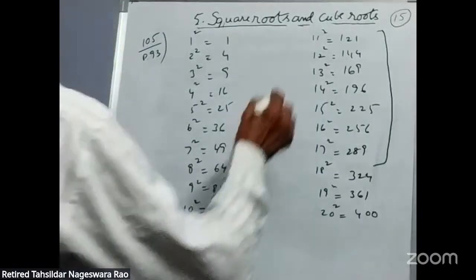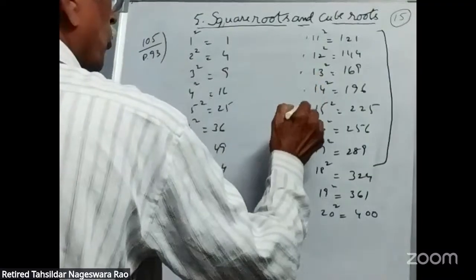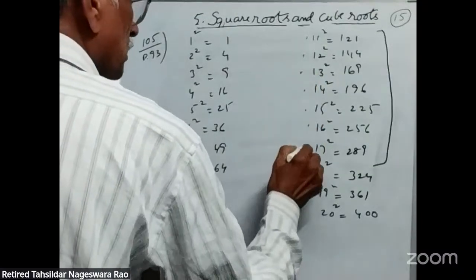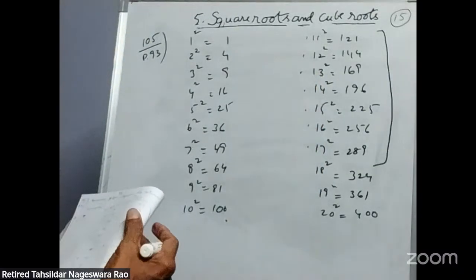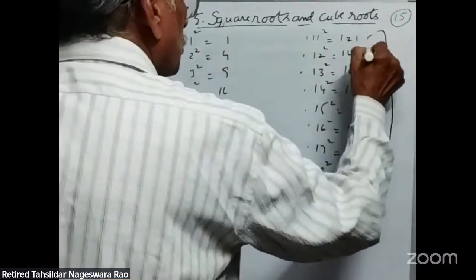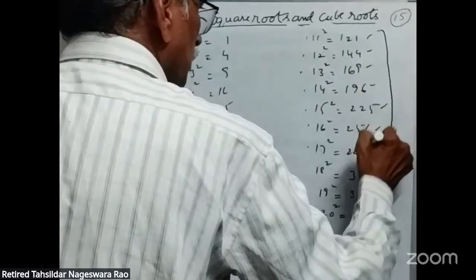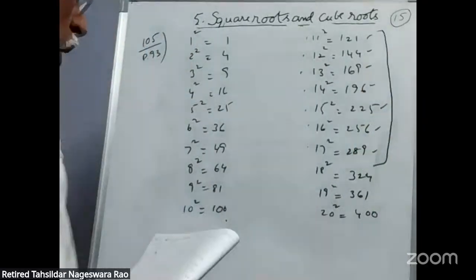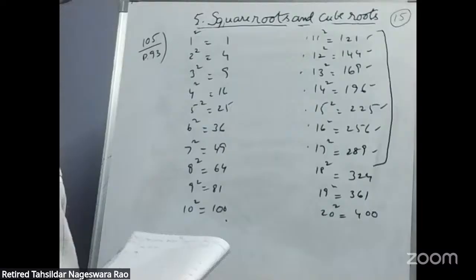So how many? 1, 2, 3, 4, 5, 6, 7 are there. 7 perfect squares lie between 120 and 300. That is the answer. The answer is 7.